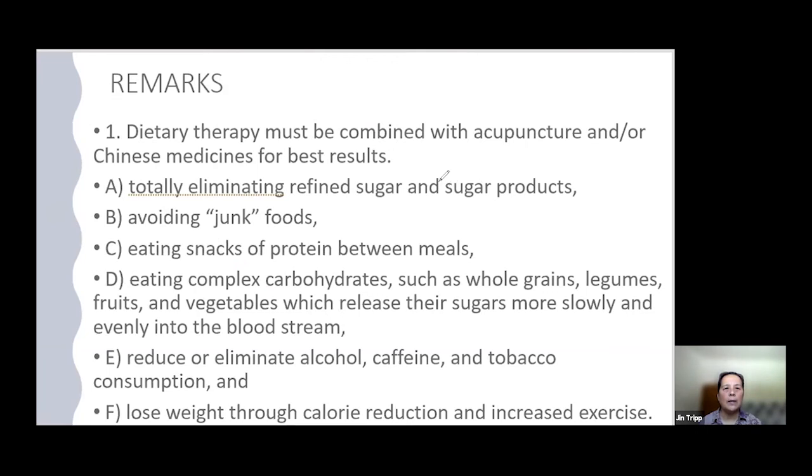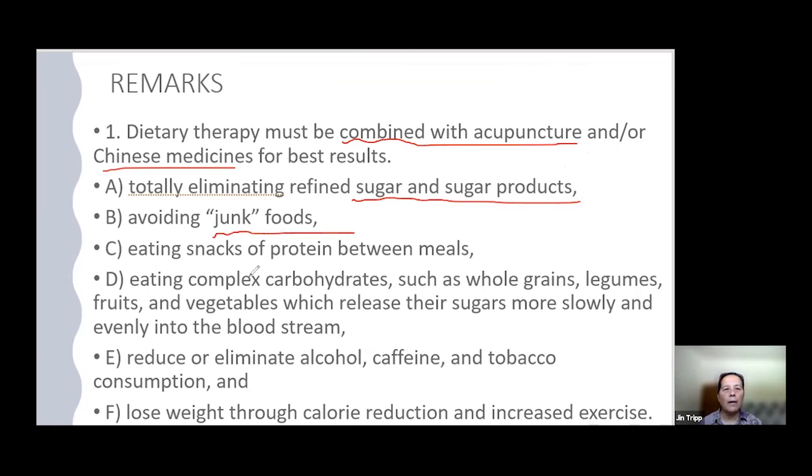Diabetes is a kind of complicated illness, and clinical treatment combining acupuncture with some herbs will get good results. Also something to be careful about: help the patient reduce eating sugar and sugar products, because that causes more trouble for the patient. And try not to eat junk food.